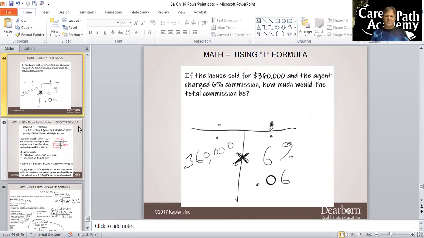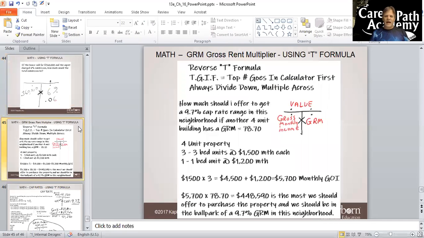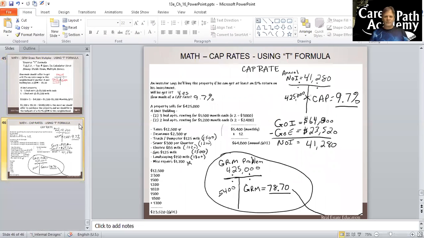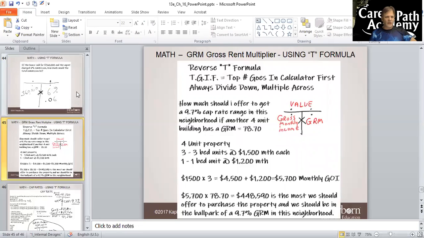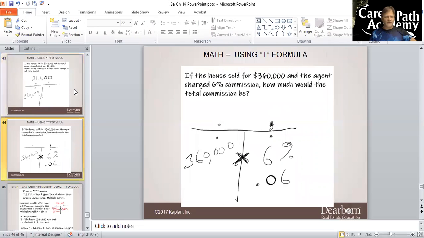So look at that. At the end of the chapter, I got a bunch more on how to use the T formula and all that info here. And some sample problems. Cap rate. How to use the reverse T formula. Math using the T formula.